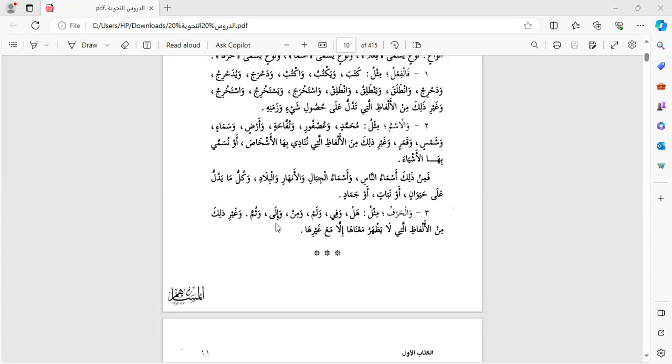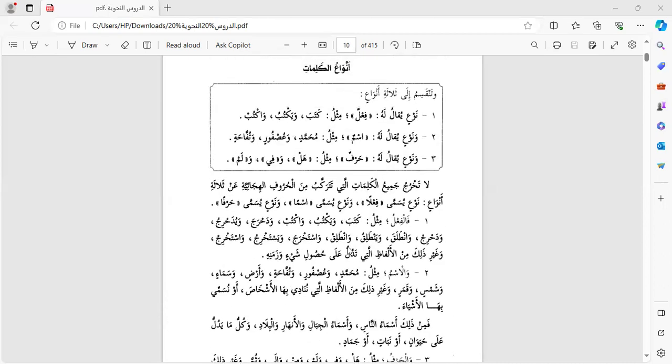So let's make a quick recap about what we have done. We spoke about the types of words. We mentioned that there are three types: first فعل, the second اسم, and the third حرف. فعل means verb, اسم means nouns, حرف means letters. And we knew how to recognize each one of them.